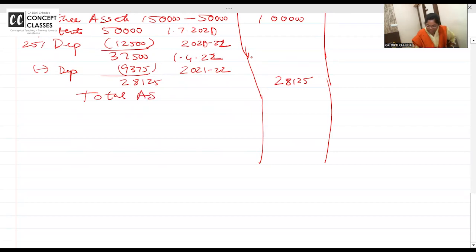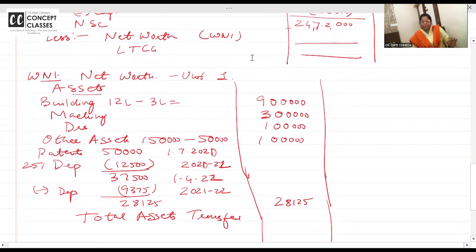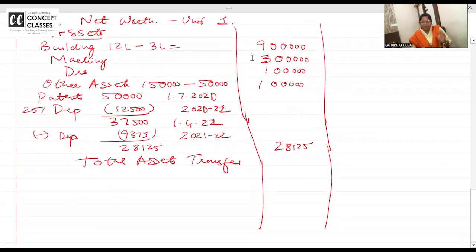Total assets transferred. Anyone in the class who is confused at any point, ask. I am repeating. First take building 12 lakh minus 3 lakh, because we do not take the revaluation reserve. Machinery as it is, data as it is. Other assets included 50,000 patent, remove it. Remaining 1 lakh as it is, and 50,000 is the original cost, but take WDV of that.